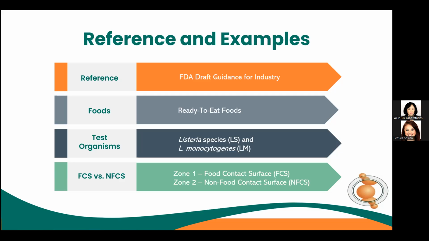And this will help to evaluate the situation when the presence of Listeria may lead to contamination of Listeria monocytogenes. But you can apply the principles to other indicators or pathogens that you monitor.